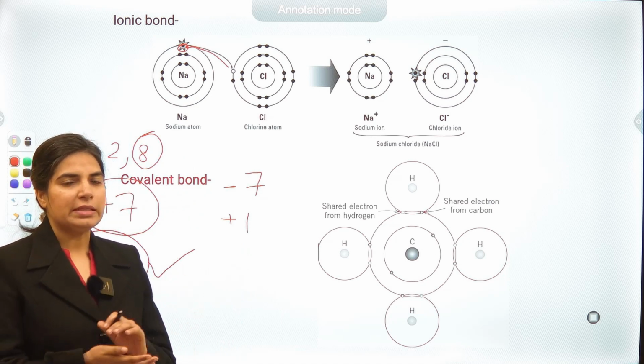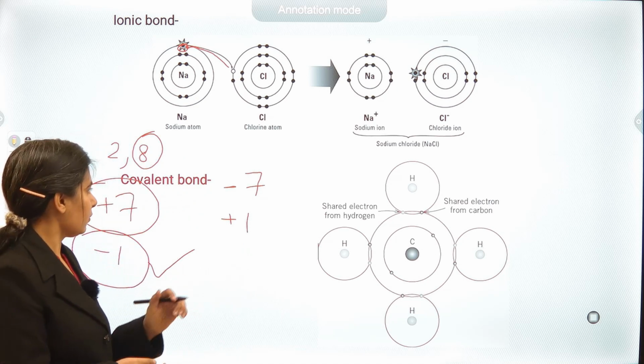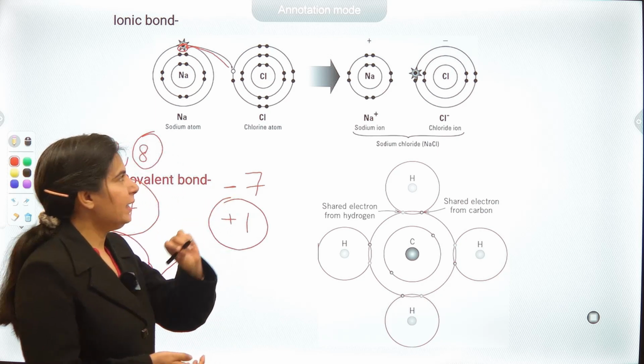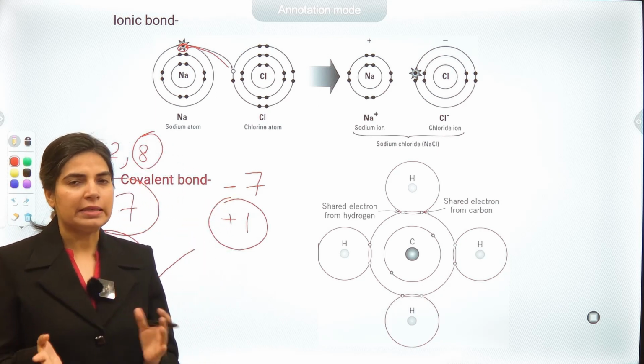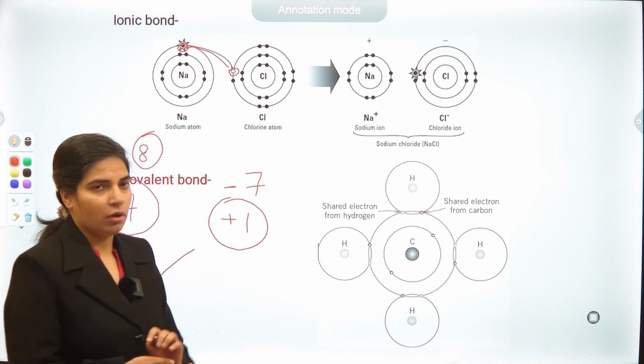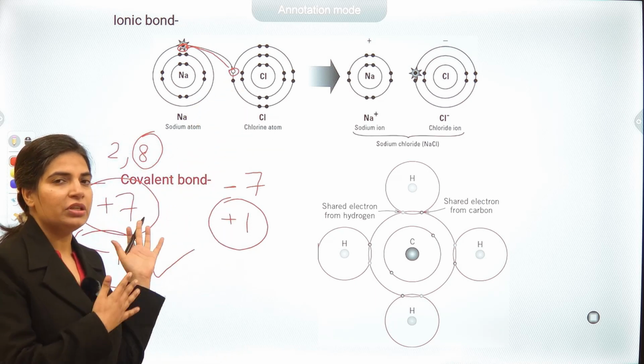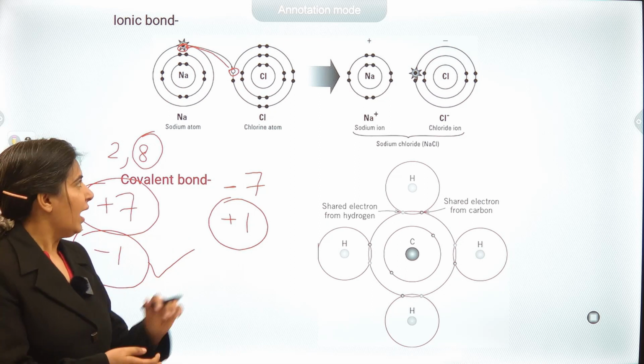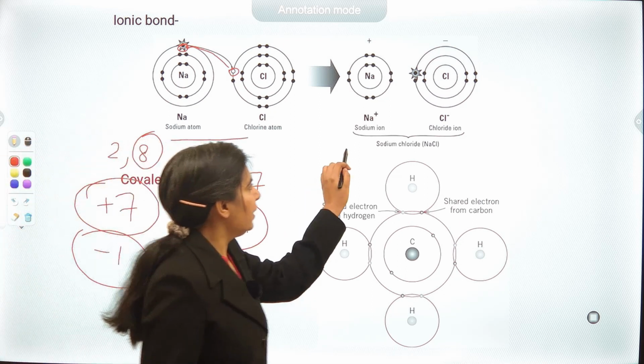So which one is the easiest task? Gain of 1 electron is far easier. So chlorine will gain 1 electron from the sodium, that is the electron ejected by sodium, and the bond formed will be ionic.